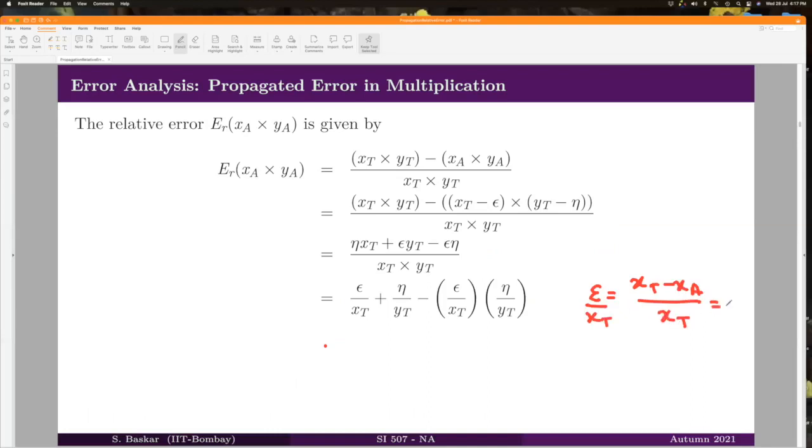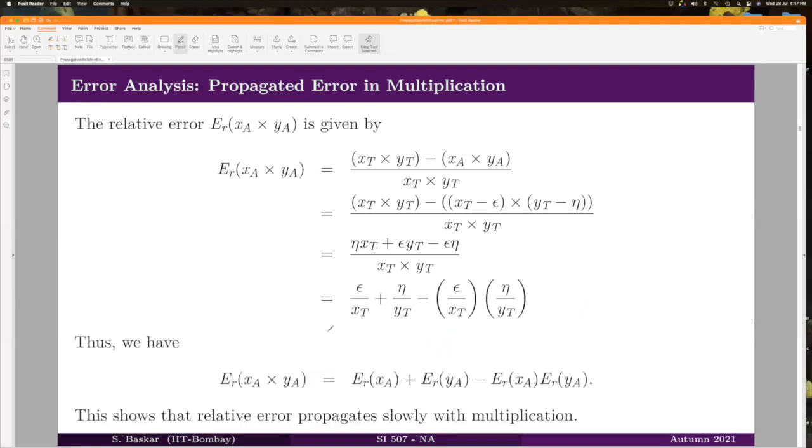That is, by definition, er of xa. Similarly, eta by yt is er of ya. Therefore, this expression can be written as er of xa plus er of ya minus er of xa into er of ya.